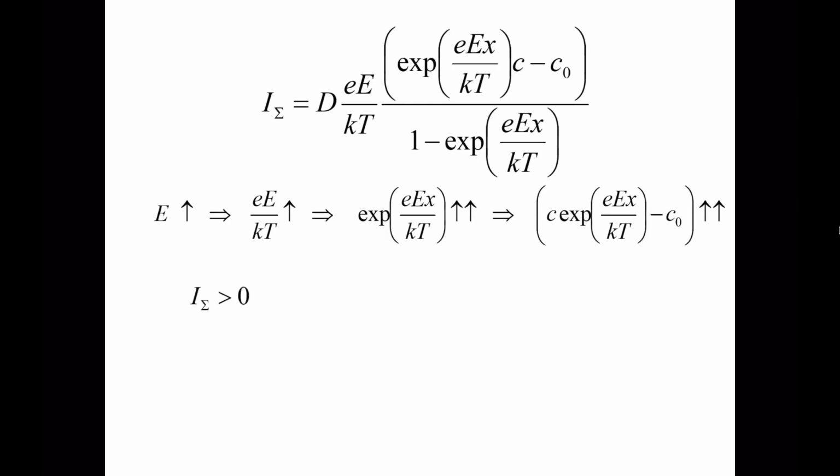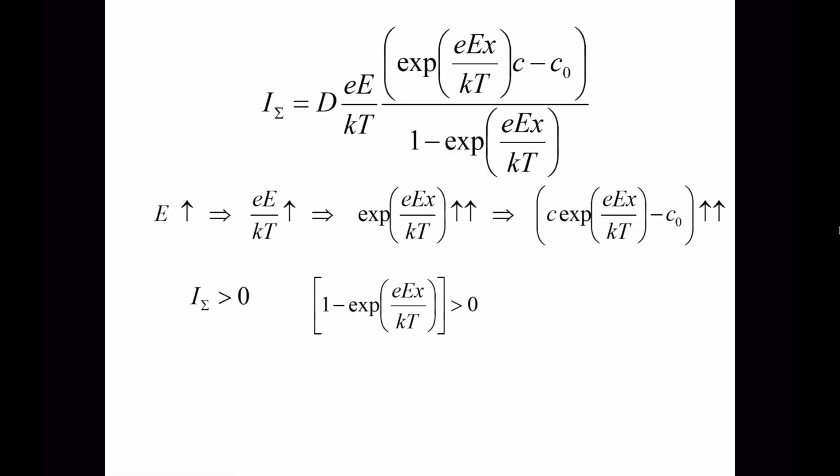If we assume that the current, the total flow, must be positive, definitely, this means that this exponent can't be negative. If it is negative, I'm sorry, it can't be larger than unit. If it is larger than unit, we don't have this condition because there is a minus here.